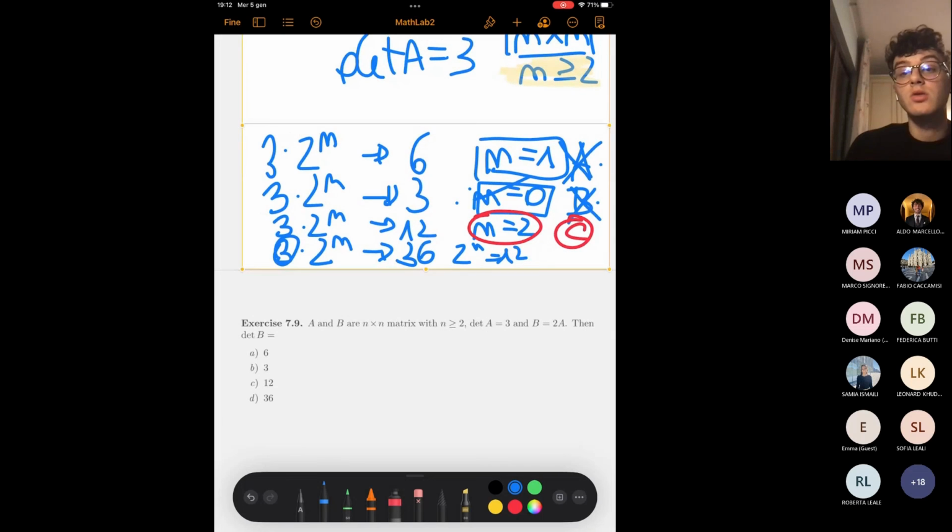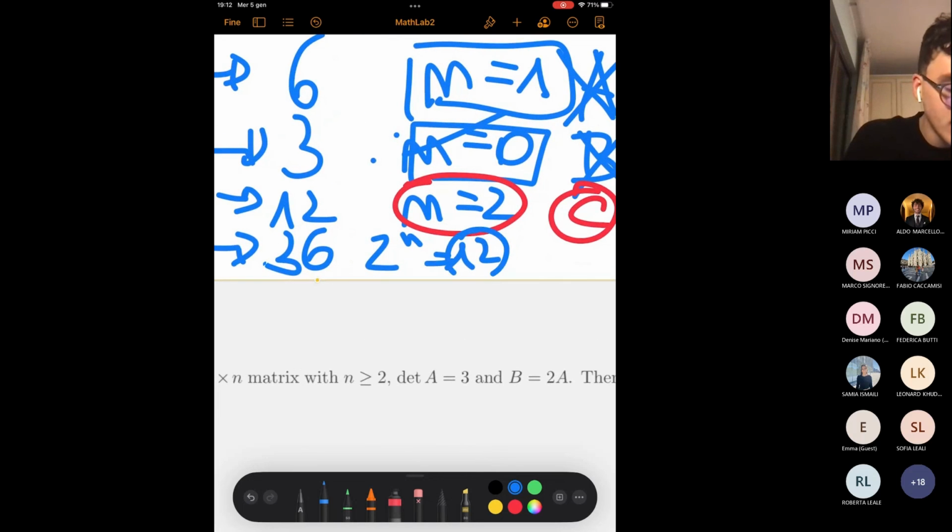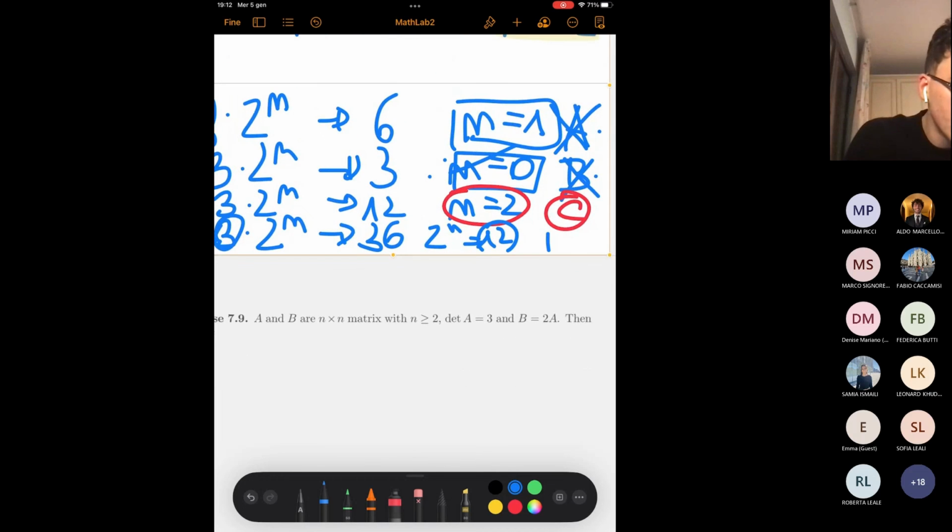No, it's impossible, because 2 to the power of 0 is 1. 2 to the power of 1 is 2. To the power of 2 is 4. To the power of 3 is 8. And to the power of 4 is 16. So we don't have any 12 values. And so the D option is not possible.